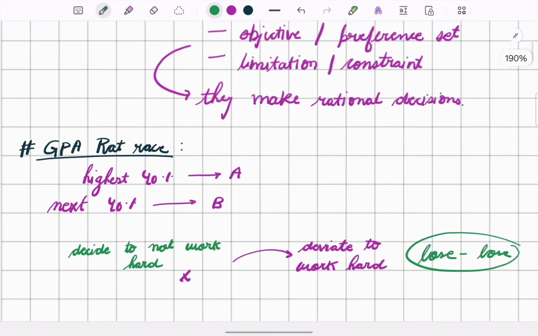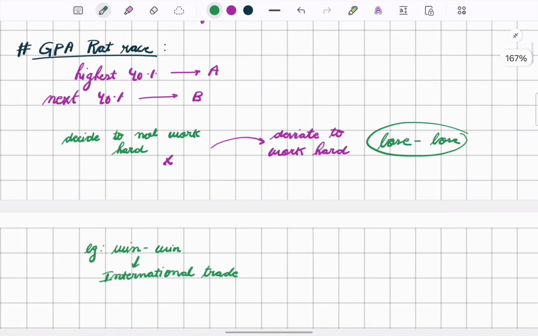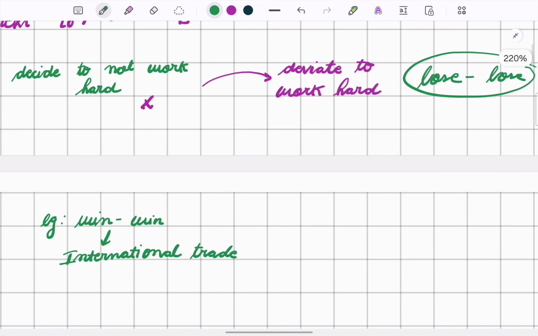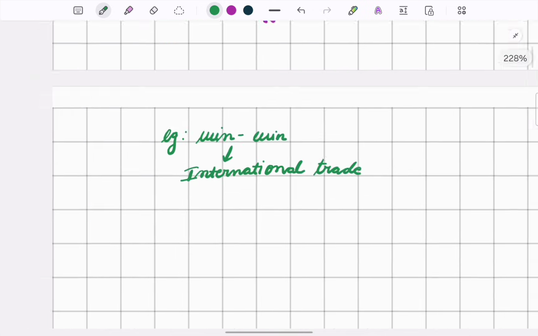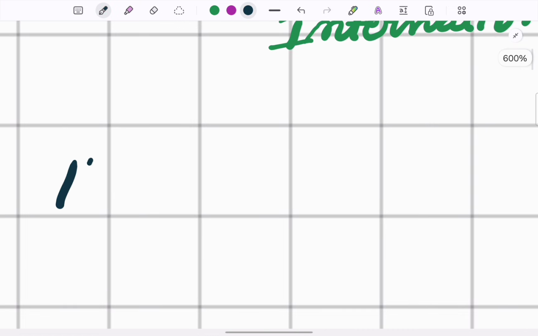So this is also one example. So all games are not lose-lose games. Some games are win-win scenarios, and some games are zero-sum games also, in which one's gain is the other's loss. So in that way, we can take one more example, that is, why are professors so mean?